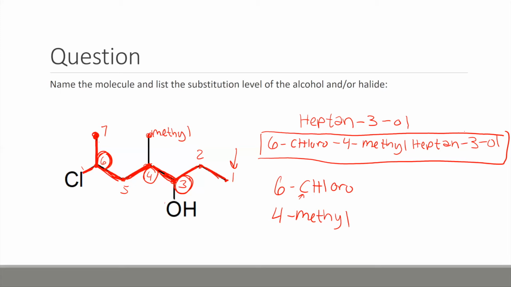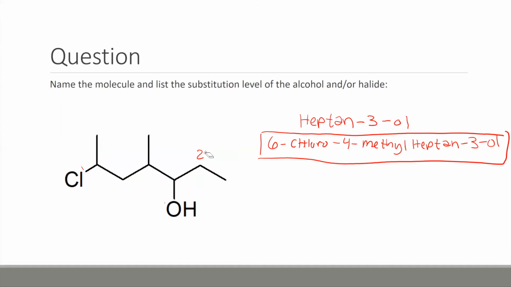Now let's talk about the substitution level. For our alcohol group, how many other carbons are bonded to the carbon on our alcohol? So let's get a better look at that. Here's the carbon that's attached to our alcohol. Attached to it are 1, 2 other carbons.